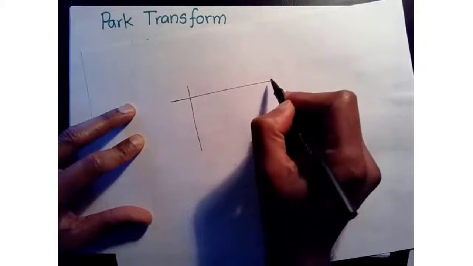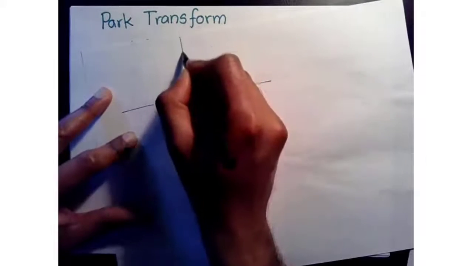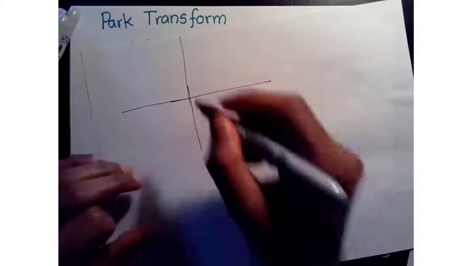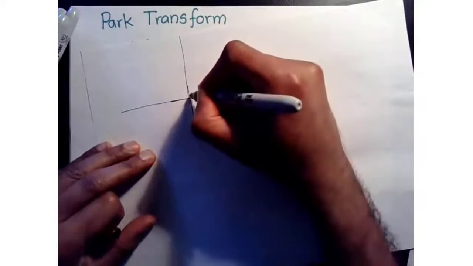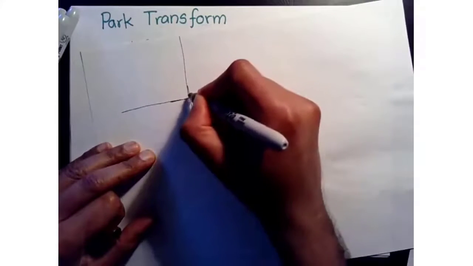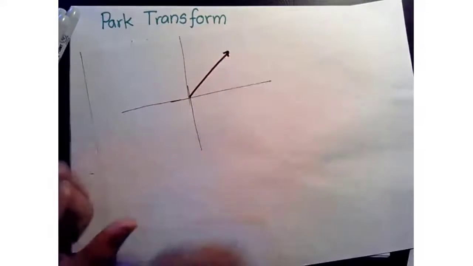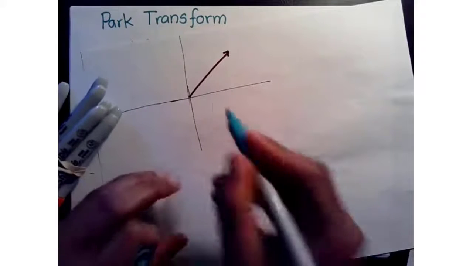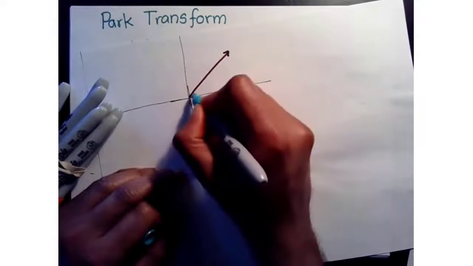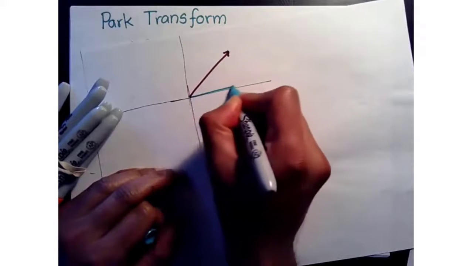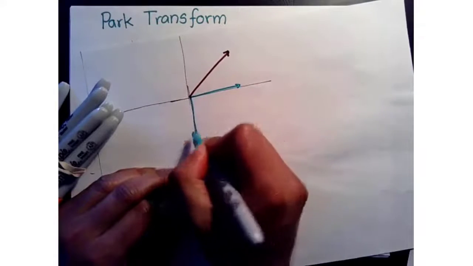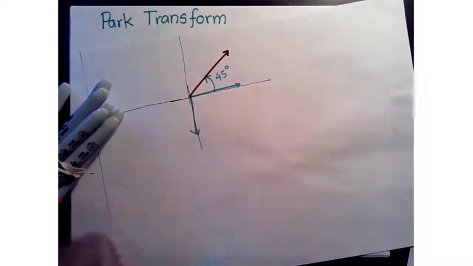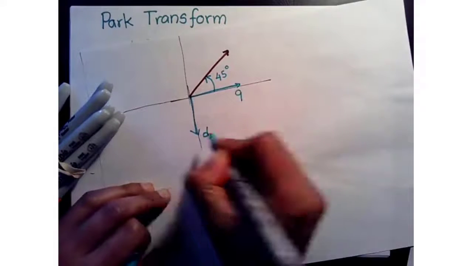I have my normal axis system, and then my rotating vector, let's say it is like this at t equals 0. And I am assigning the axis system at t equals 0 like this. Let's say we have a 45 degree angle offset. So this is my Q, this is my D.